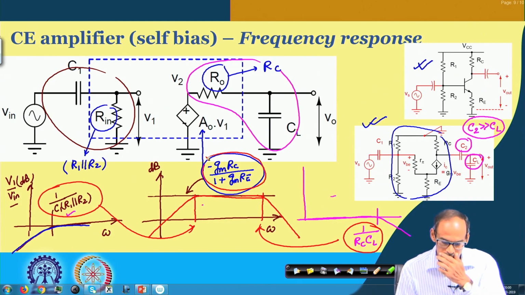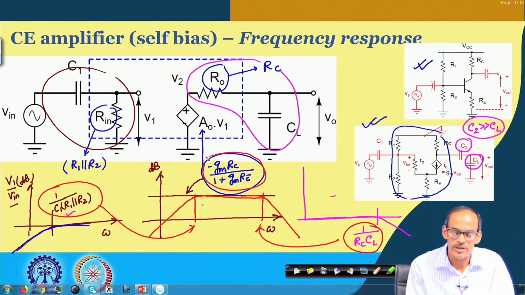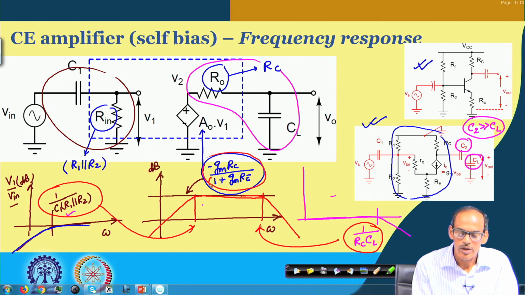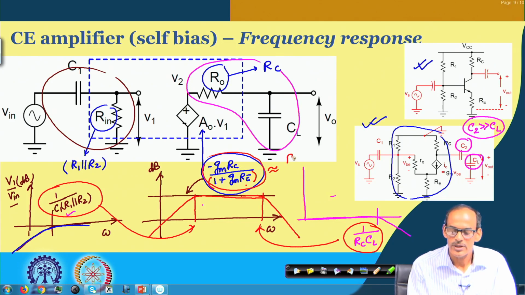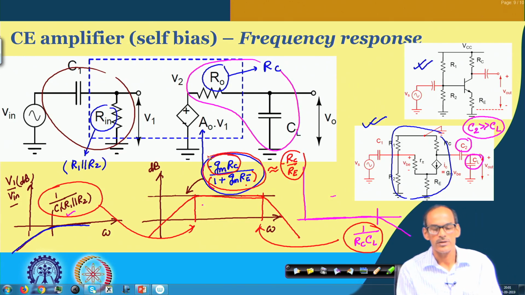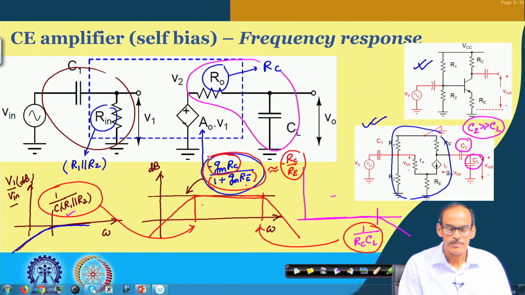amplifier also. But one thing I must say, because we do have 1 plus Gm into Re in the denominator, the corresponding gain, you can say this is Rc divided by Re for all practical purposes. Magnitude wise it is very small compared to Gm into Rc, that of the CE amplifier with fixed bias.